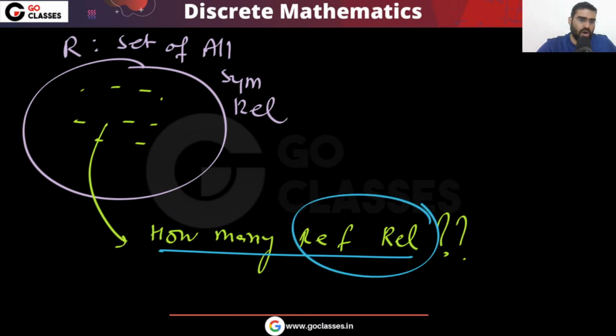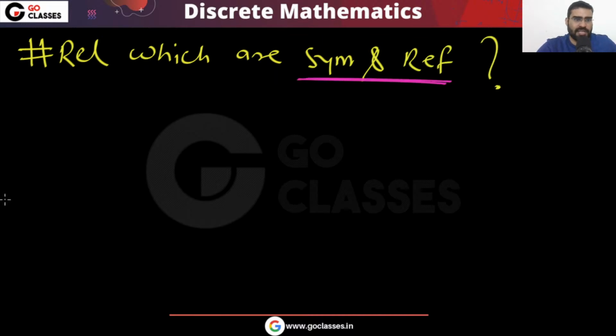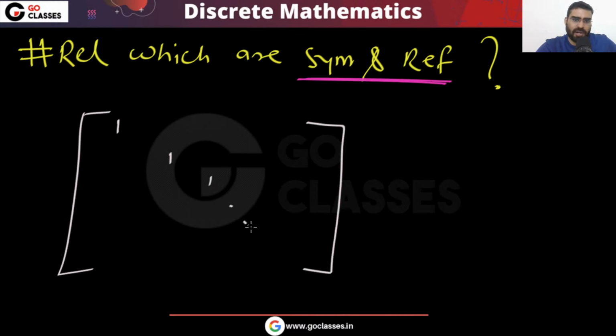Basically, we want to find how many relations are symmetric and reflexive. Remember, symmetric and reflexive means all the main diagonal entries will be 1.